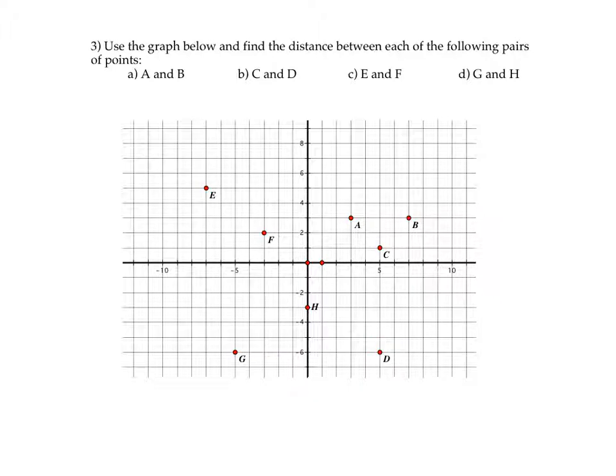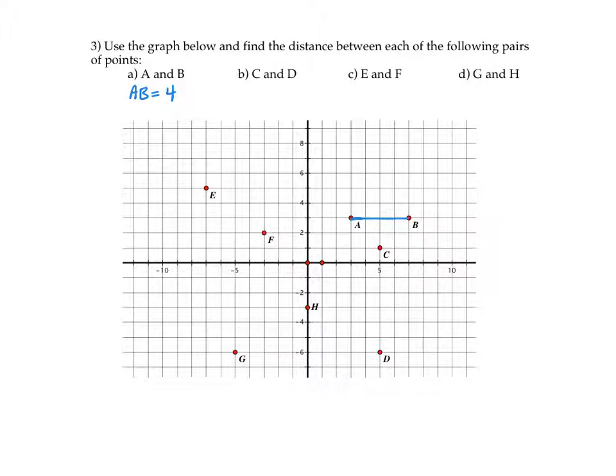Okay, the next skill we're going to review is finding the distance between 2 points on a graph. So the distance between A and B, if I just draw that line segment, can be found by counting because it's a horizontal line segment. So it's 1, 2, 3, 4 units long. So the length of AB is just 4.